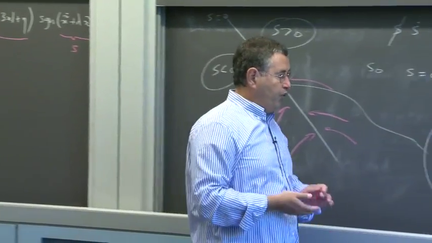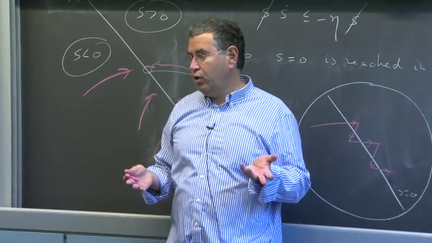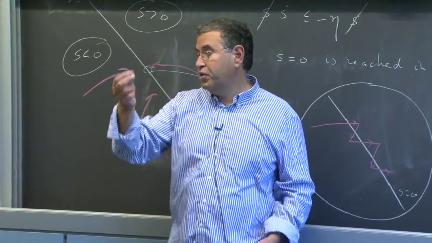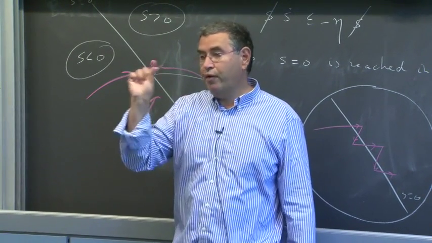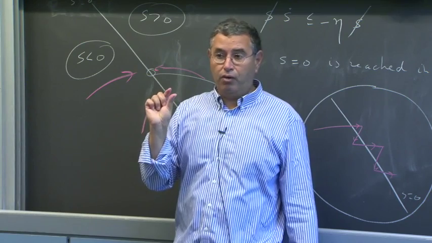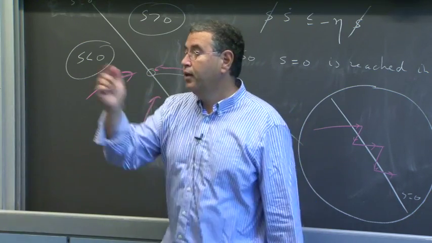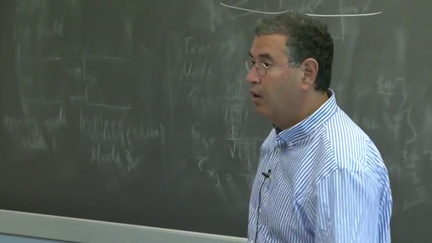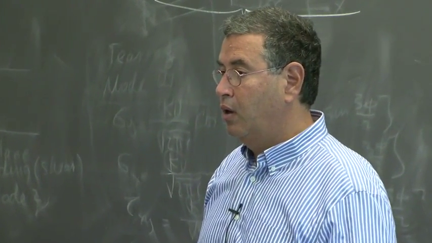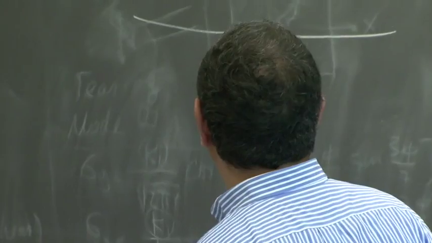What you'll gain from this is that you'll get rid of this control chattering. What you'll lose from it is that instead of having this kind of perfect, almost miraculous tracking, you'll have some small tracking error. Okay.